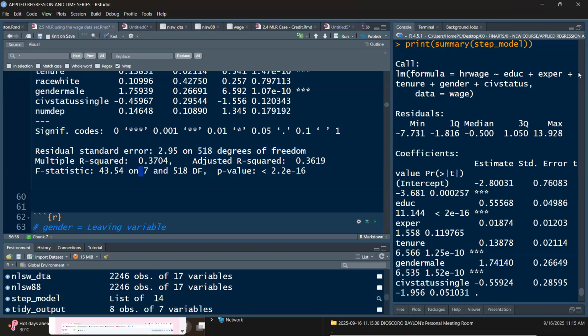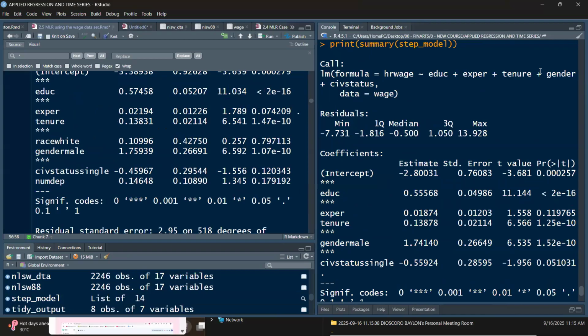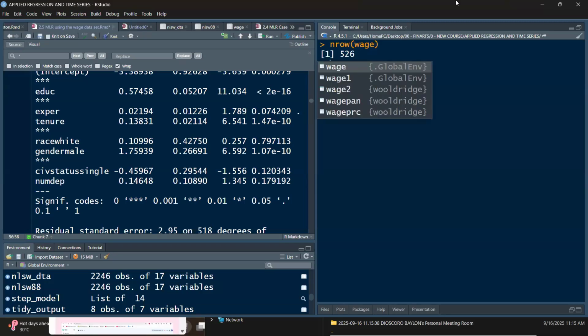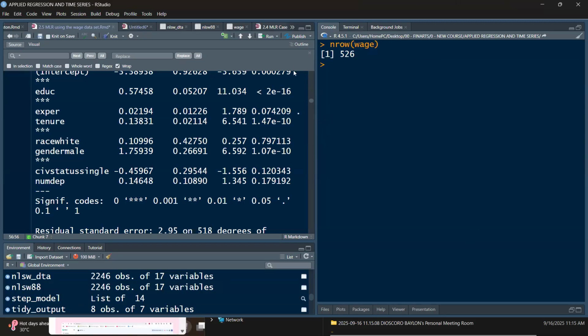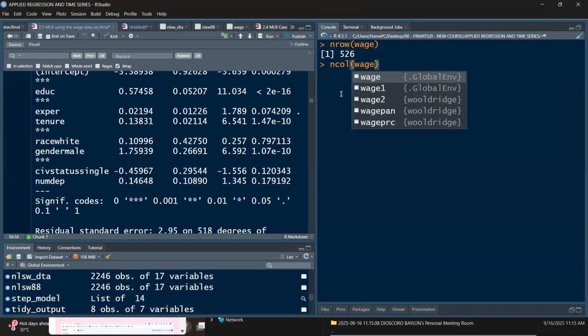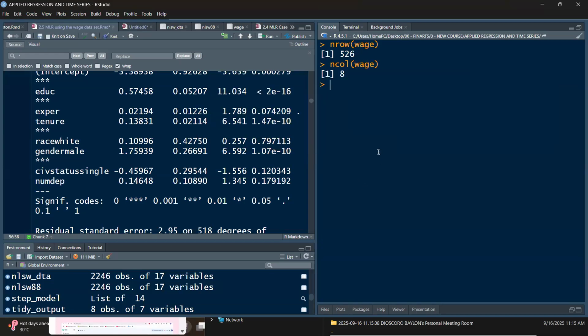We know that, okay, how many observations do we have? In the wage data, we have 526 observations. How many predictors are there? We have 8 columns, but one of them is the dependent variable, so we actually have 7 predictors.